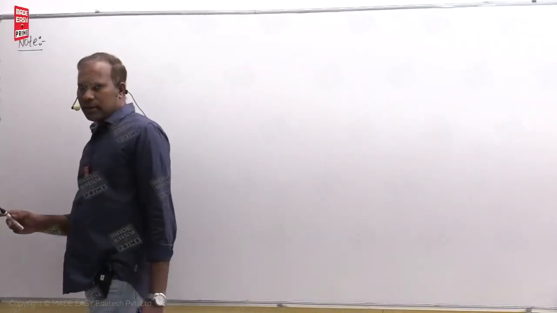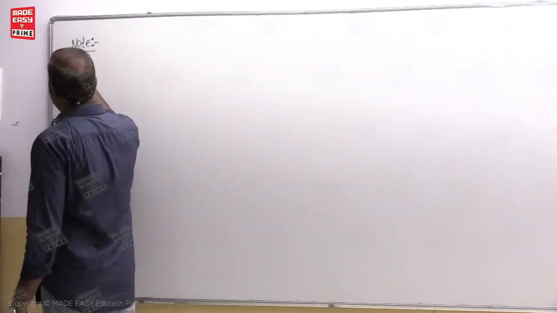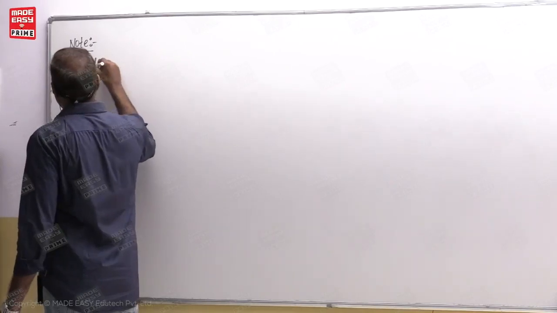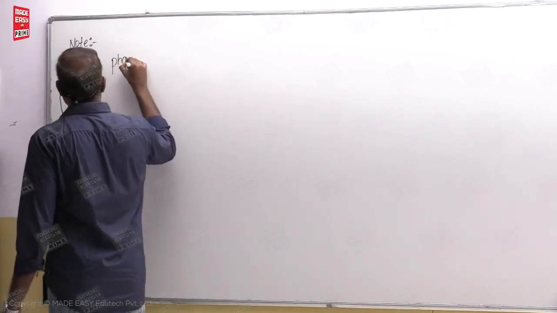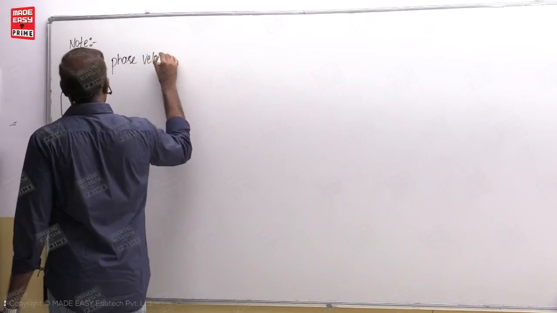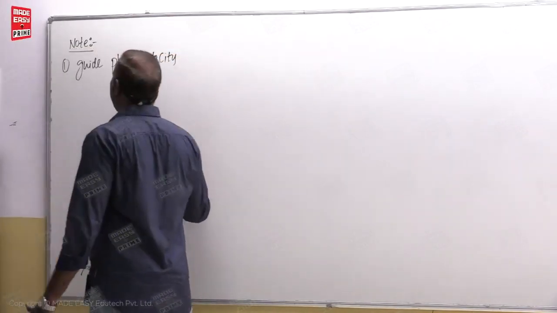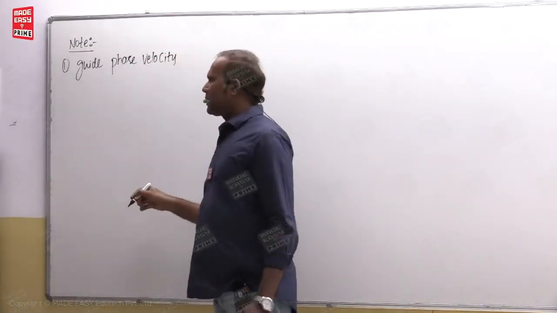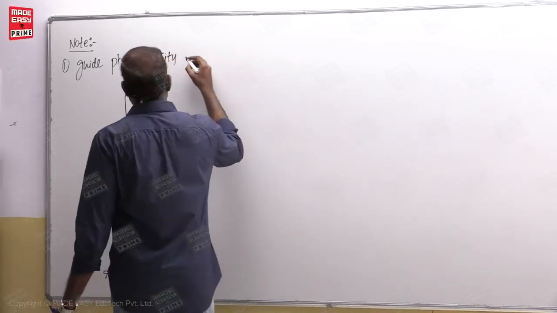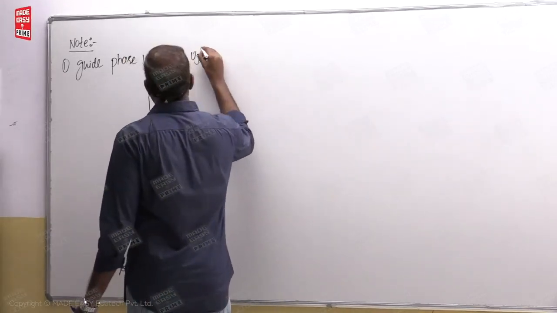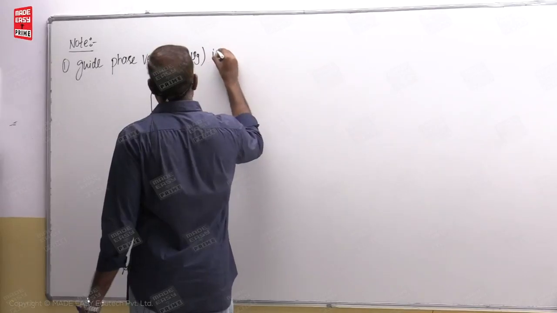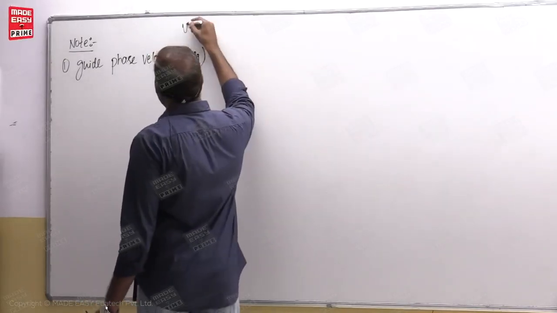So dear friends, now let us write a note on the velocities. Guide phase velocity, otherwise guide constant phase velocity, both are same. Guide phase velocity, v small g symbol. Actually, I am writing V like this, student.